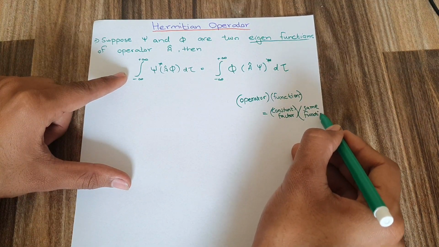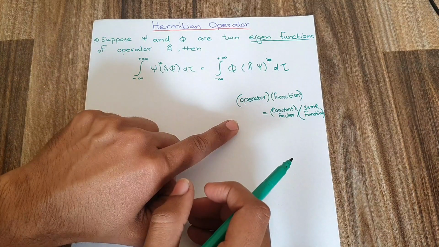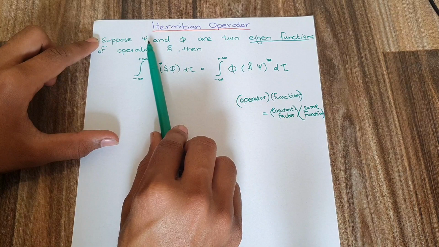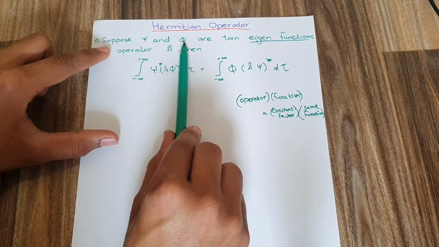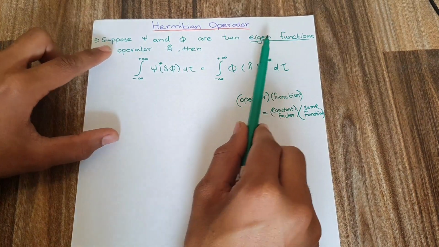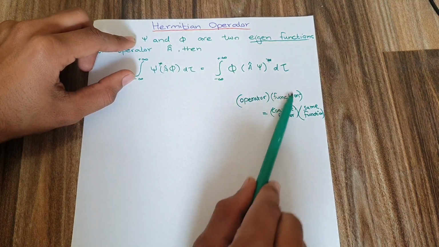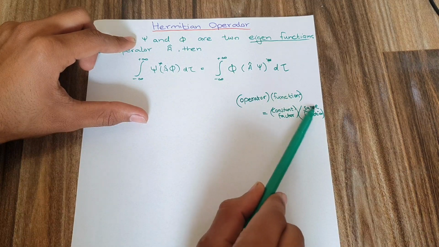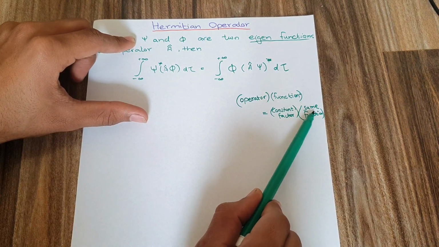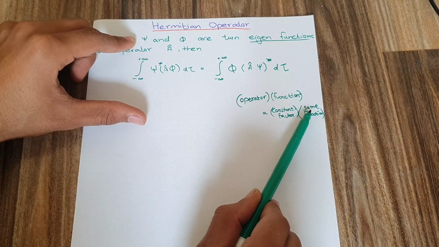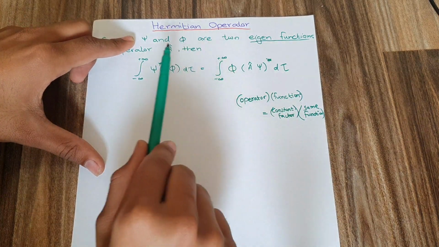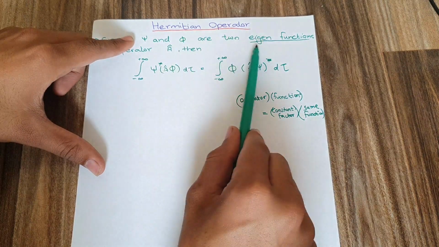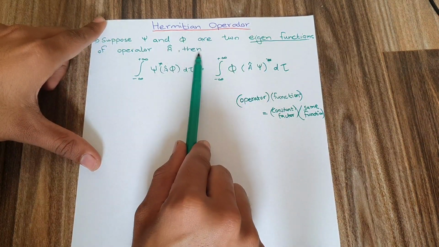This is the equation of eigenfunctions. So I have two functions, psi and phi, which are two eigenfunctions. If I take psi and apply an operator on it, I will get the same function in the answer. In this case I have taken two functions, psi and phi, which I call the eigenfunctions, and an operator A is applied on them.